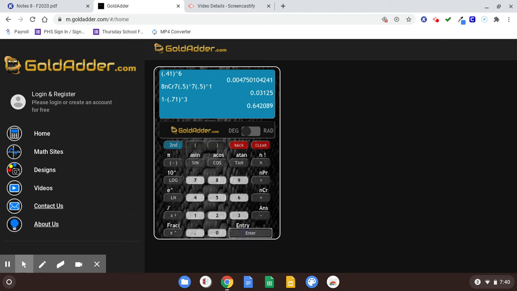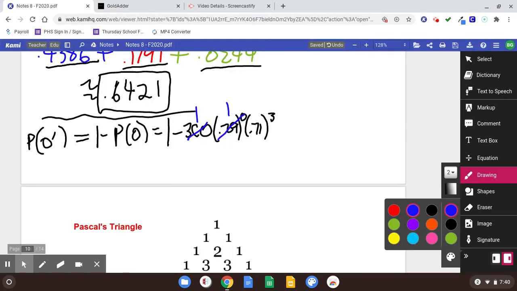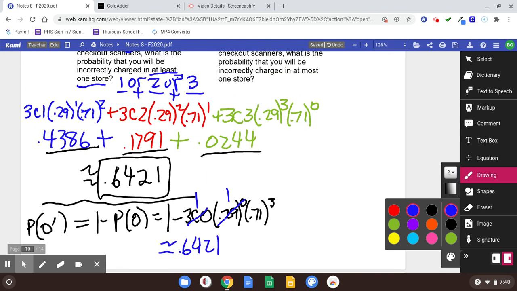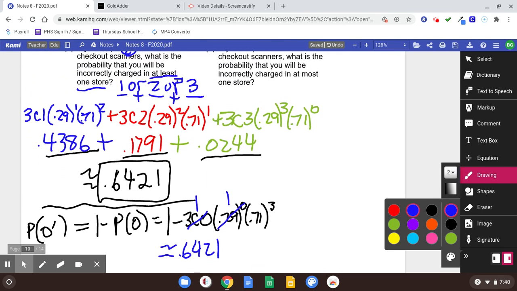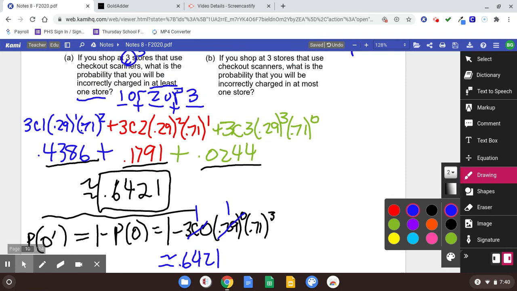Should be the same thing, 0.6421, 0.6421. Same thing. So keep in mind, you're going to see problems that are going to have different ways of doing it, okay? If you can see a faster way of doing it, then do it that way.